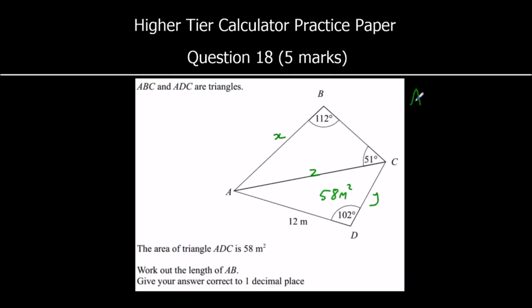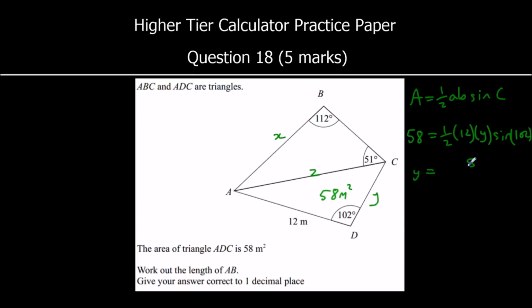So firstly, area is half AB sine C. So 58 is half times 12 times y sine 102. So we can get y by itself by dividing by half times 12 times sine 102.